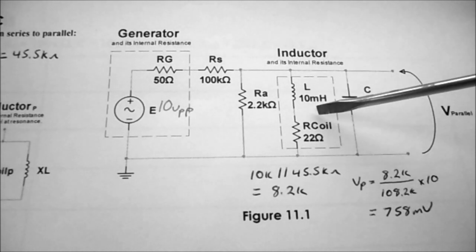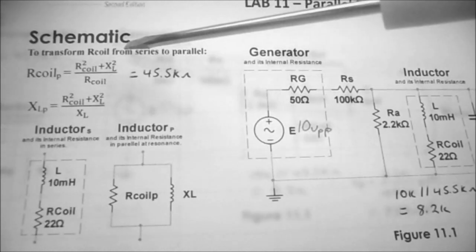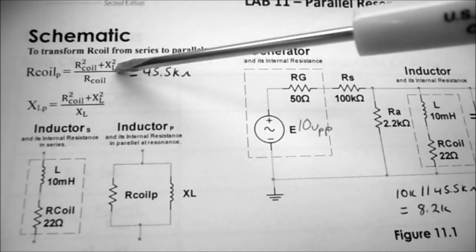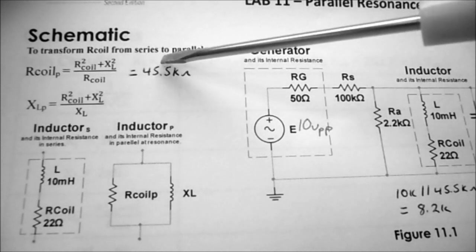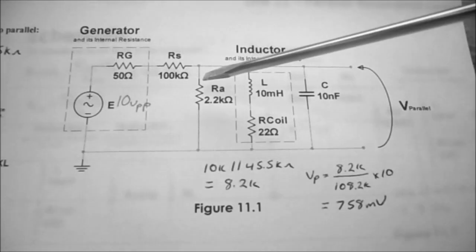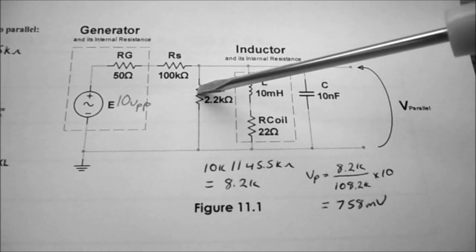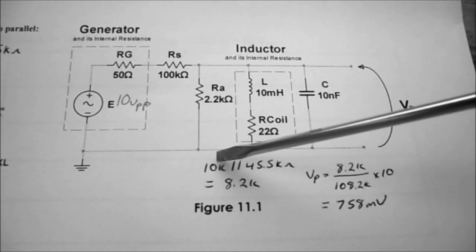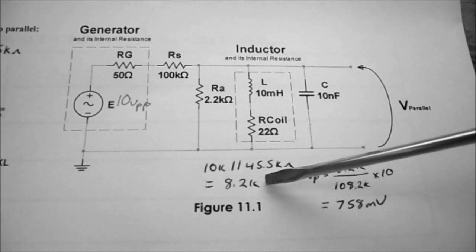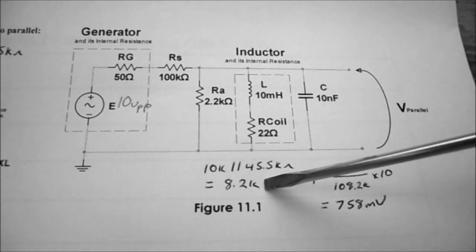We have to remember that there's a DC resistance to the coil. And when we did the calculation to find out what the parallel conversion of that DC resistance was, it was 45.5k ohms. So to come up with a more accurate voltage divider calculation, we have to take the 10k in parallel with the 45.5k, and that brings our RA value down to about 8.2k.